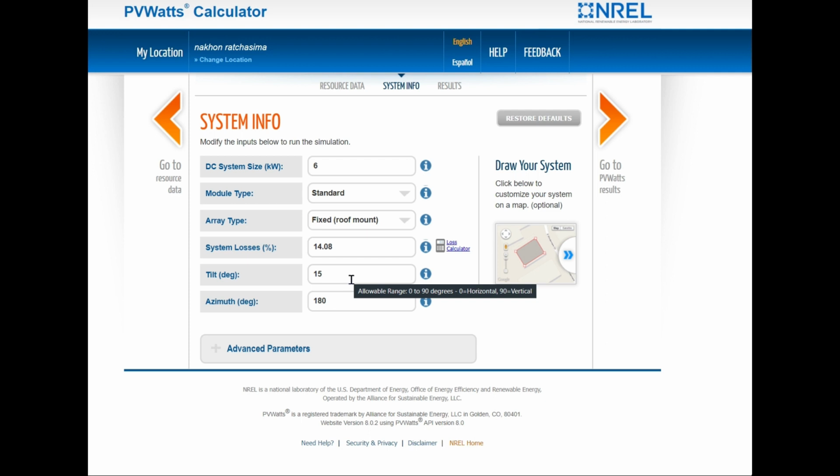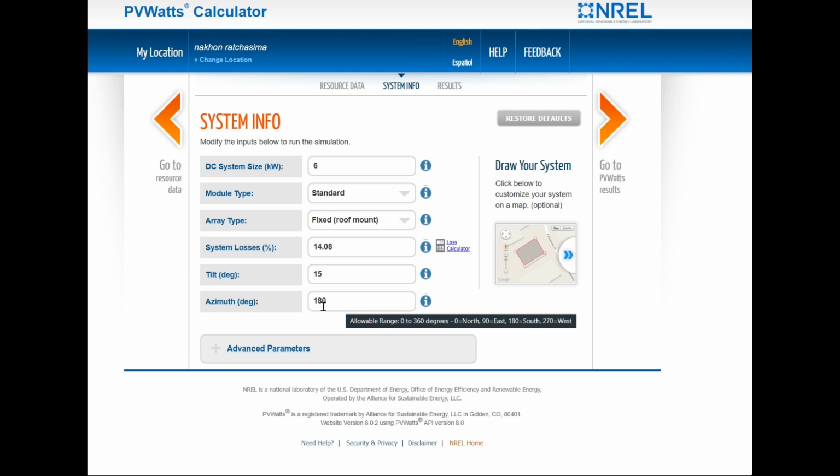Now there are some other factors that we're not going to discuss in this video that complicate things, like temperature and stuff like that. But for pure energy angle tilt wise, 15 is the best in Korat, so we'll use that. And it's facing south, that's what this means.